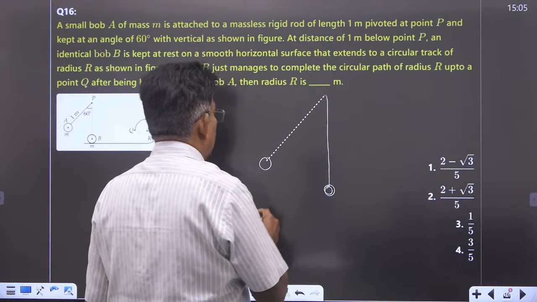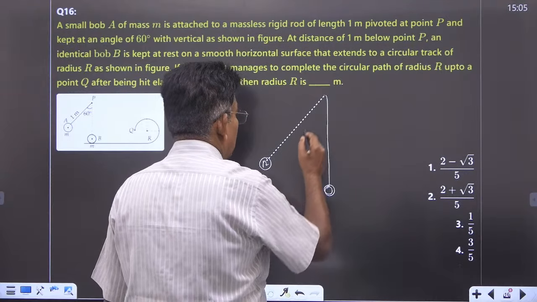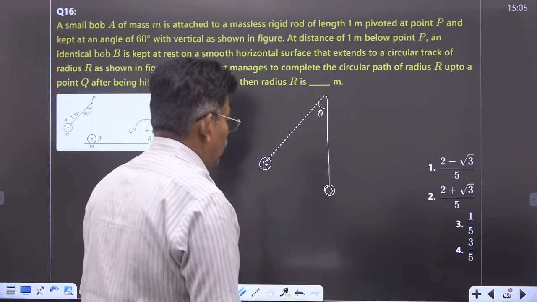Pendulum A is taken through an angle theta. Theta is 60 degree. I will put it later on.